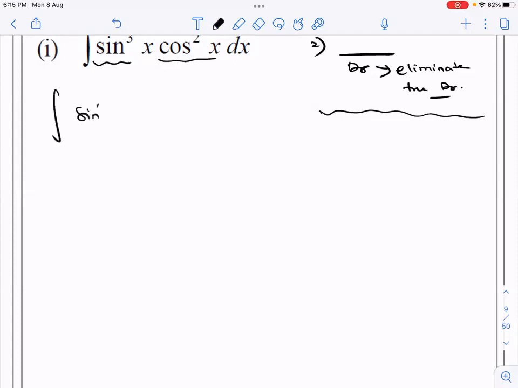Okay, let's try this and see. Sin cube x into cos square x. Tell me, Nitish. Sir, cos cube x equal to t. Then you will have 3 cos square x into minus sin x dx as dt.